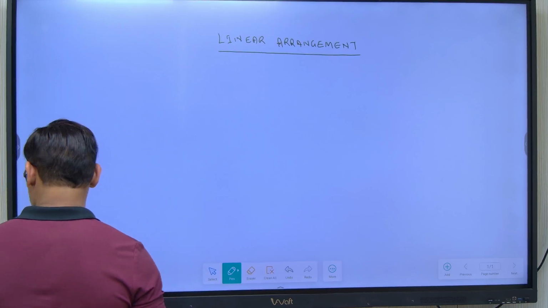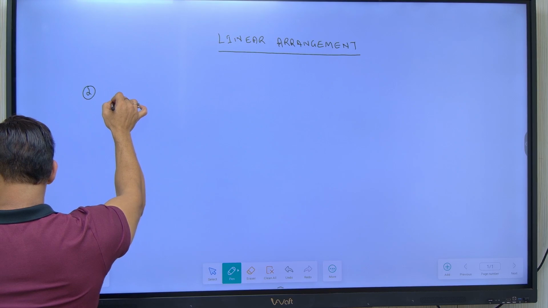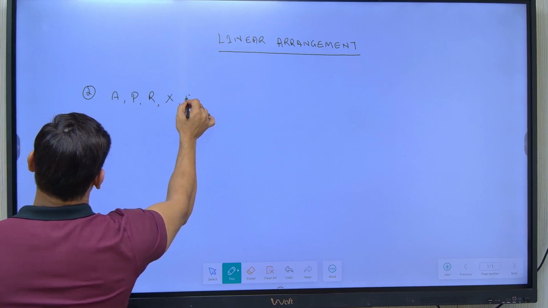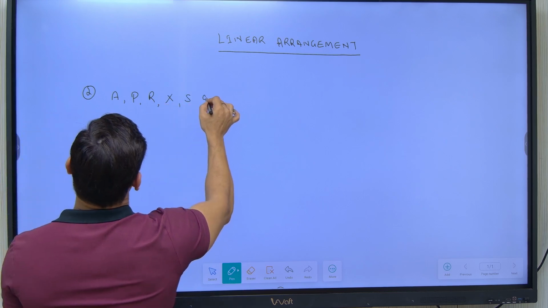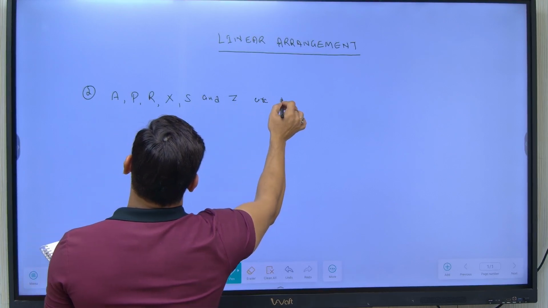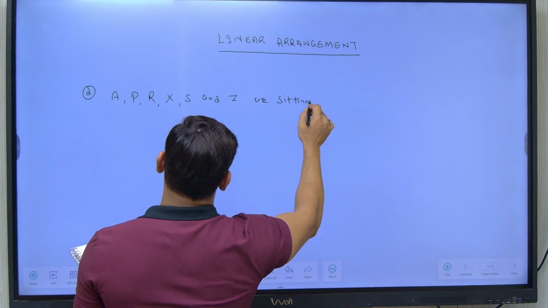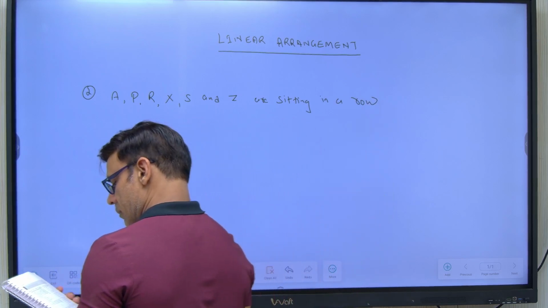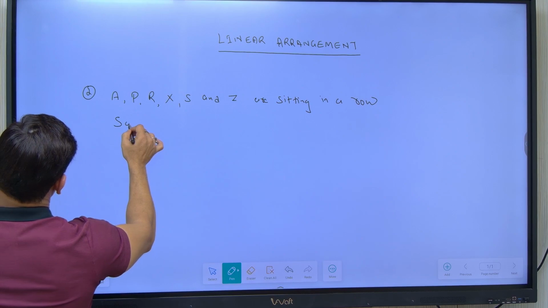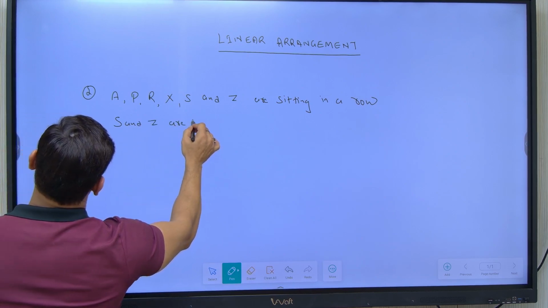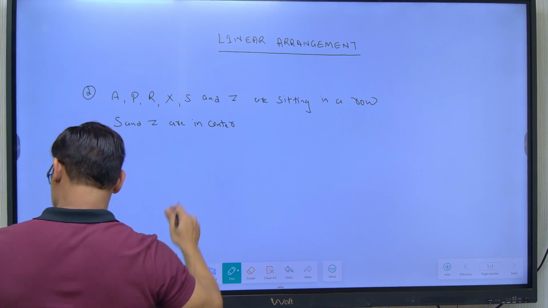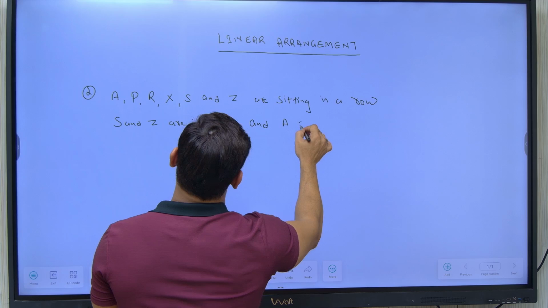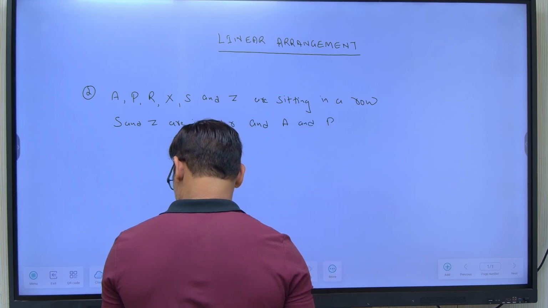Second question is that A, P, R, X, S and Z are sitting in a row. And it is given that S and Z are in the center and A and P are at the end.